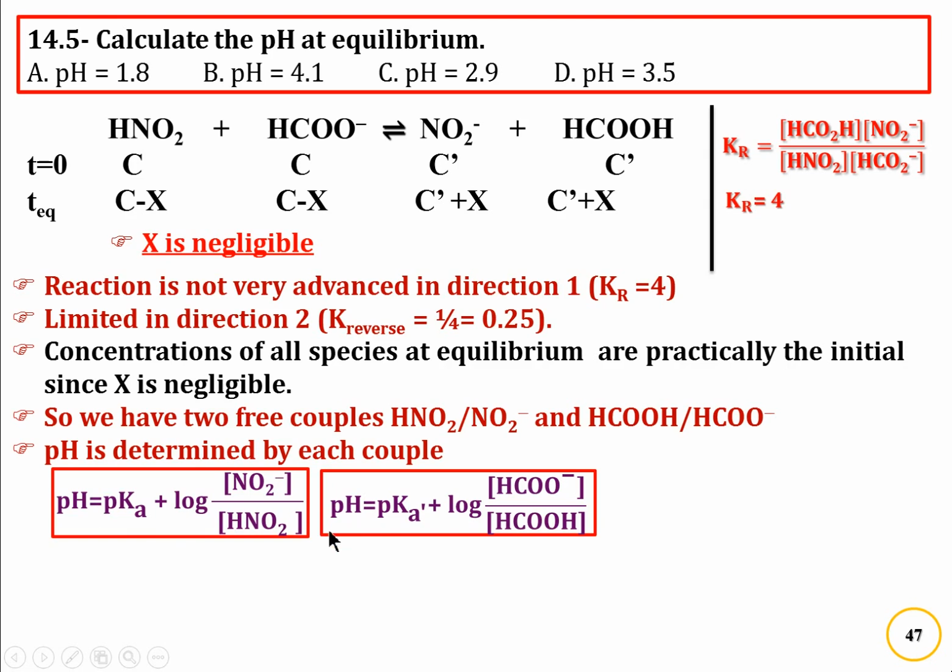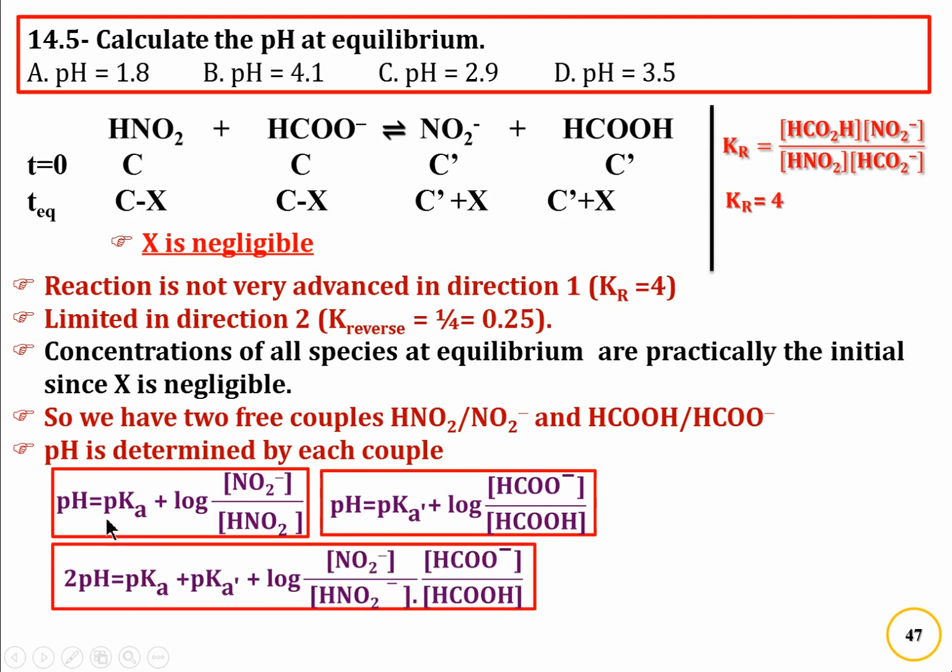We add the pH, so we obtain 2pH equals pKa plus pKa prime plus log NO2 minus divided by HNO2 times HCOO minus divided by HCOOH, and we said that NO2 minus is practically equal to HCOOH equal to C prime, so we cancel NO2 minus with HCOOH, and in the same way we cancel HCOO minus with HNO2.